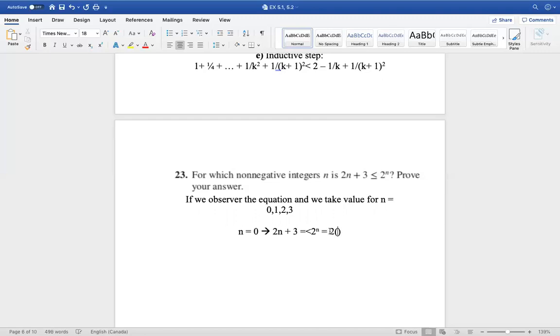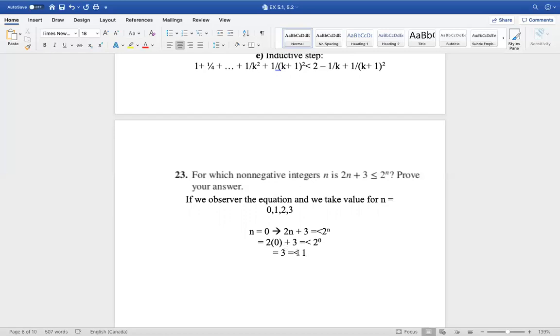So this becomes 2 times 0 plus 3, which is less than or equal to 2 to the power of 0. Now 2 times 0 is 0, plus 3, so this is 3 less than or equal to 2 to the power of 0, which is 1.